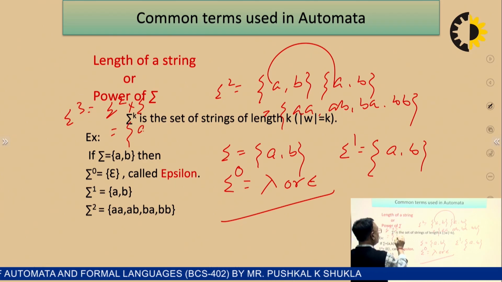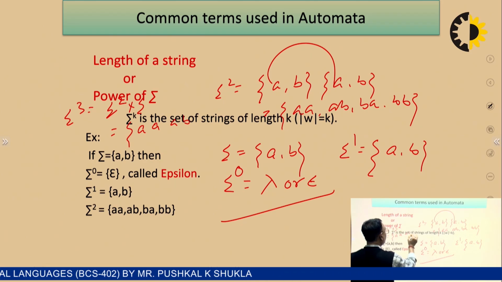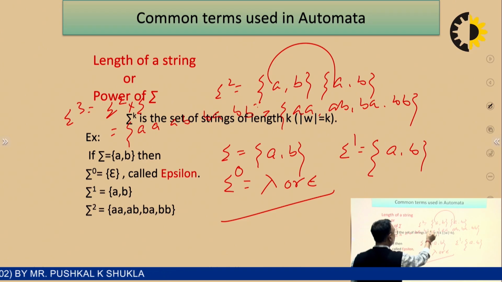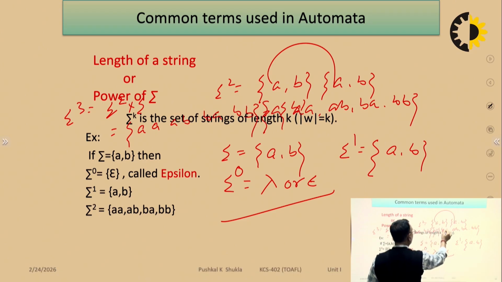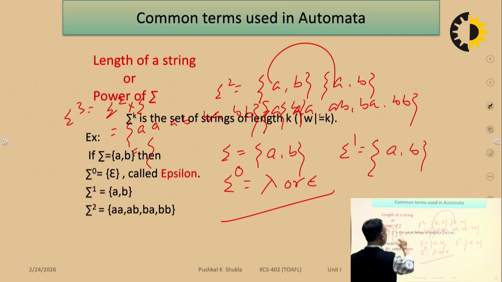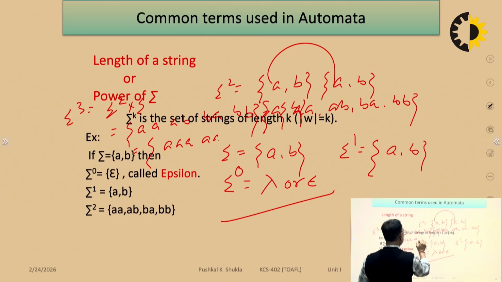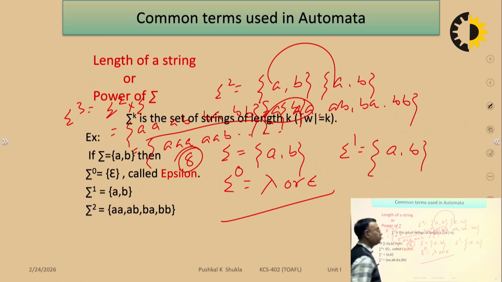So this will be AA, AB, BA, BB and again A, B. So what type of strings are generated? AAA, AAB and so on. So total 4 into 2, that is 8 strings are generated. This way we calculate sigma power n.